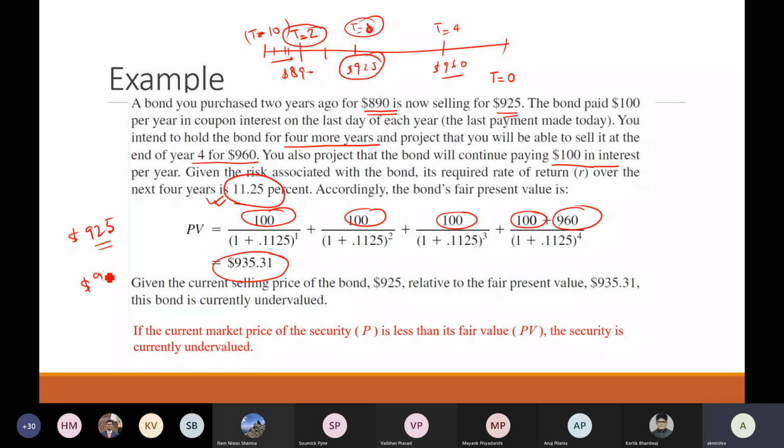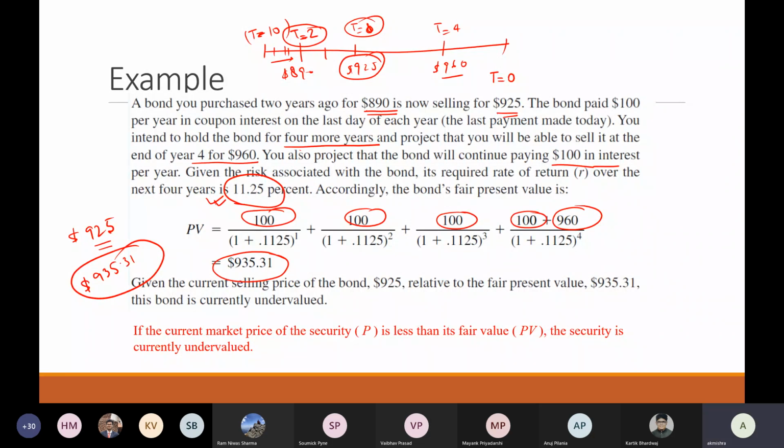And when you calculate, the intrinsic value is higher than this. So it means your current bond is undervalued. Why undervalued? Because its intrinsic value is high, meaning you are holding a high-value asset, but right now its value in the market is 925.